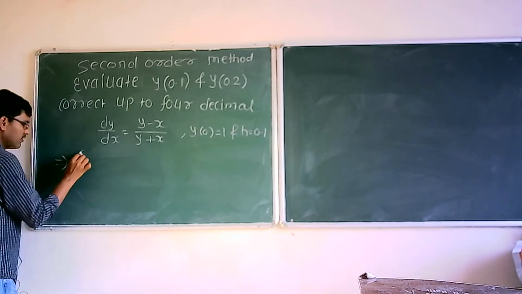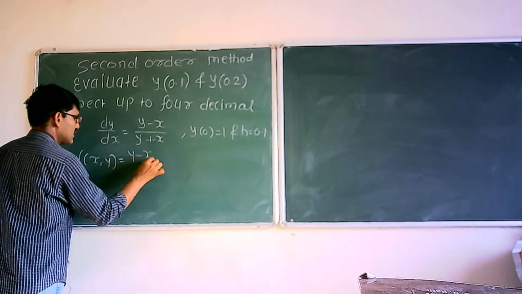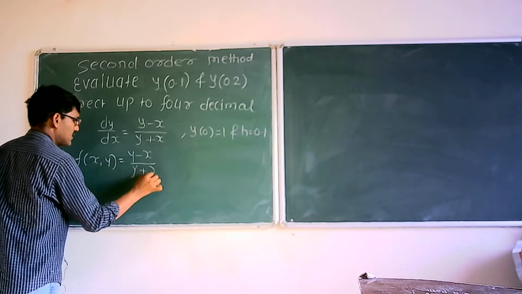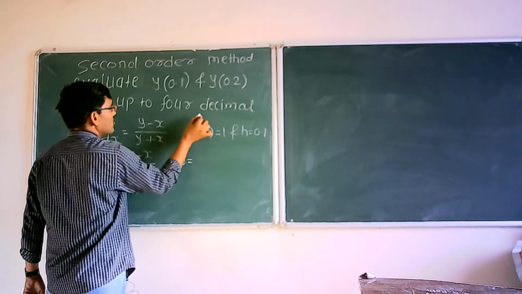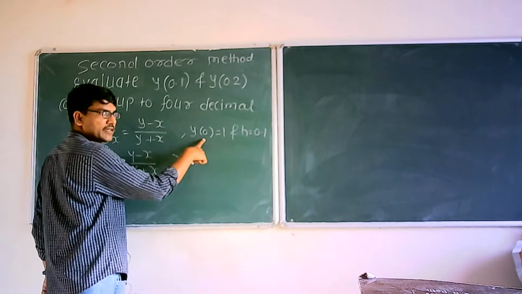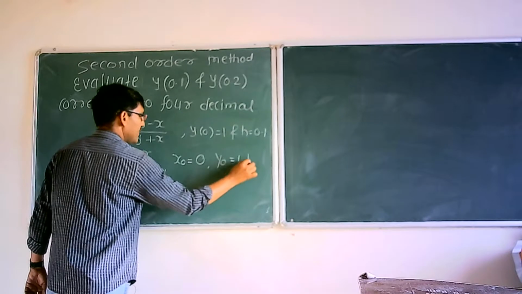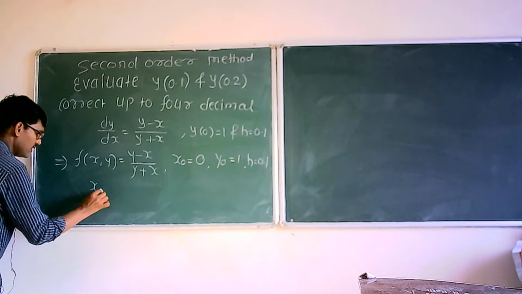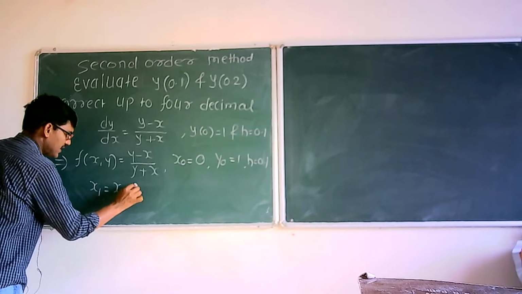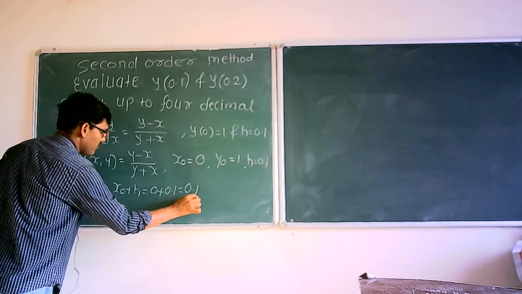Here h is 0.1, and therefore first, what is given here? f of x y is equal to y minus x over y plus x. Then x0 is 0, y0 is 1, h is 0.1. So what is x1? x1 is equal to x0 plus h, 0 plus 0.1, which is equal to 0.1.